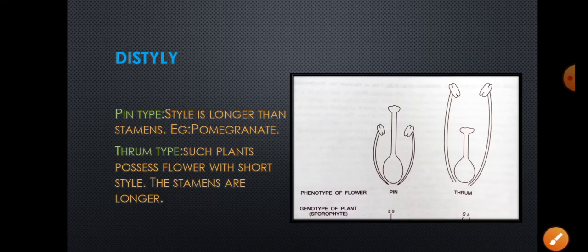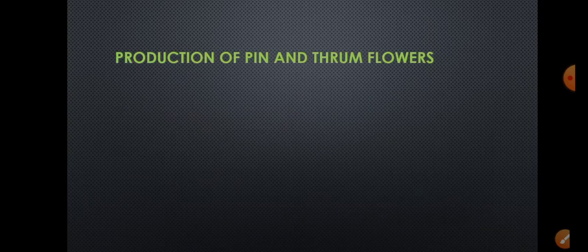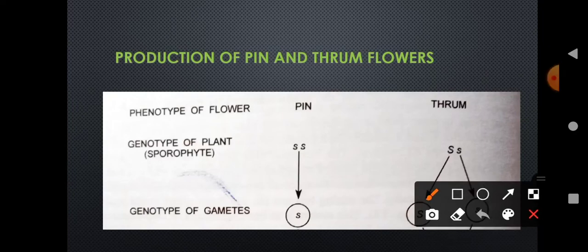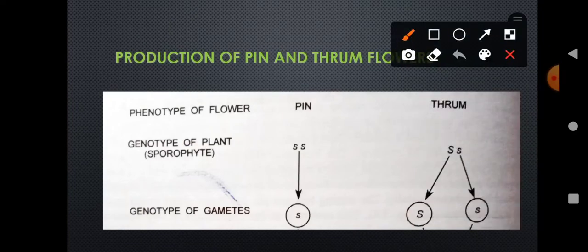So how does the plant decide when it has to produce the thrum type of flower or the pin type of flower? It is based upon the genotype. So how are the pin and thrum type of flowers produced? Here you can clearly see this is the pin type of flower, and this is the thrum type of flower. Pin type flowers are produced when both the alleles are recessive, ss.